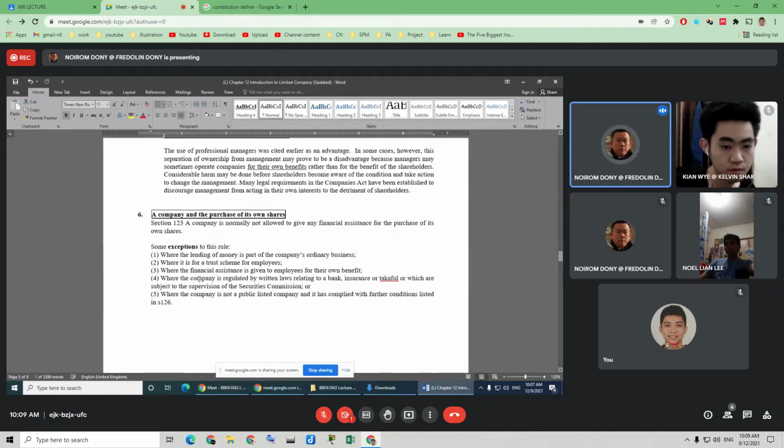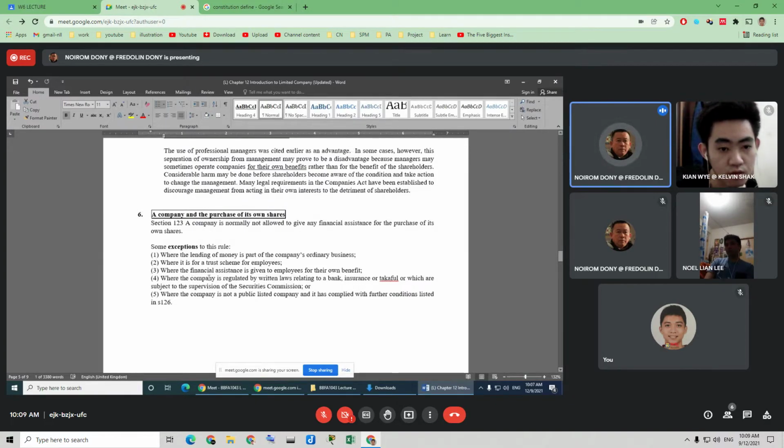And the fourth situation is where the company is regulated by written law relating to a bank, insurance, or takaful, or which are subject to supervision of Securities Commission. Okay, meaning the company is related with investment.